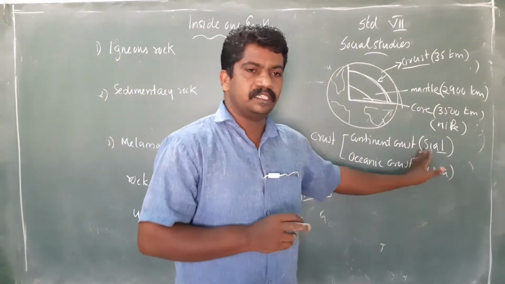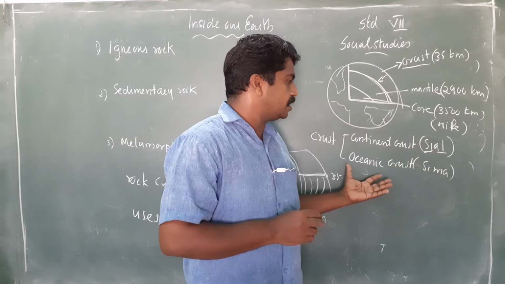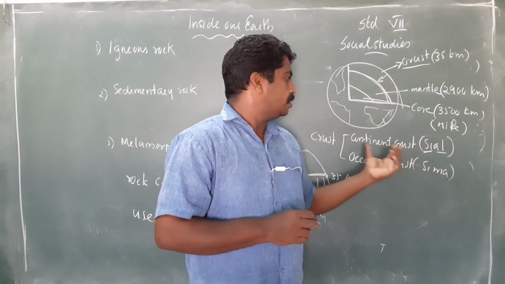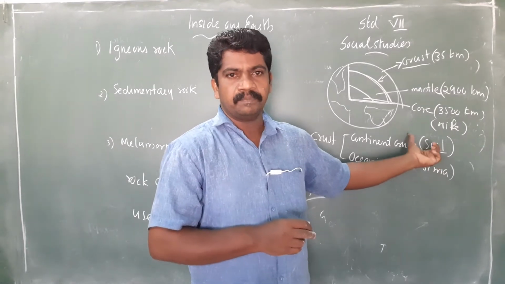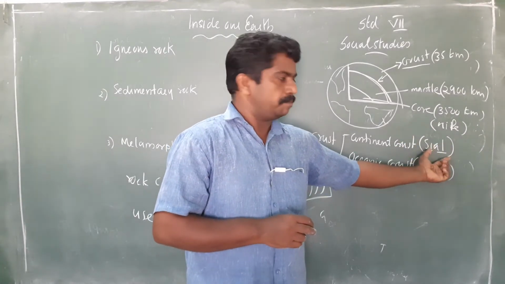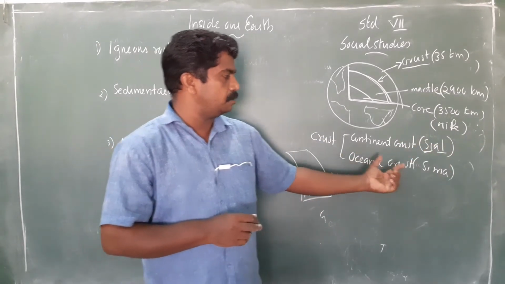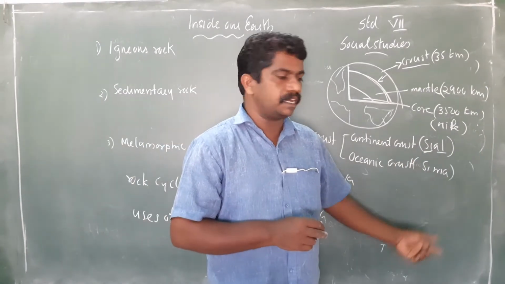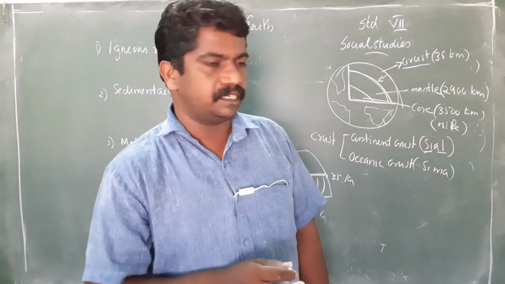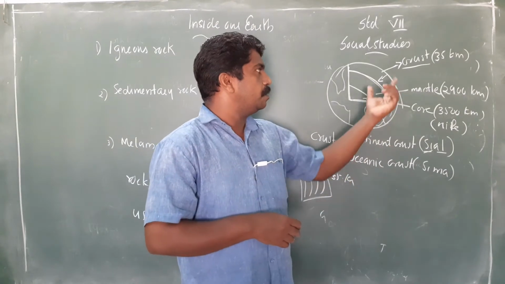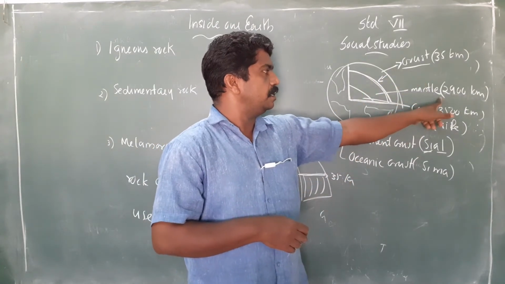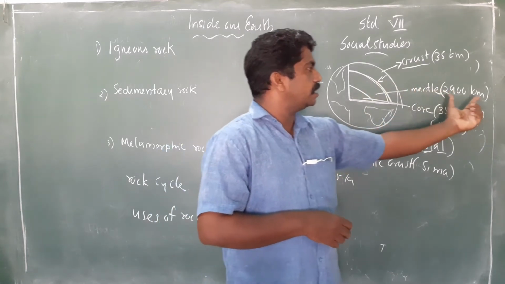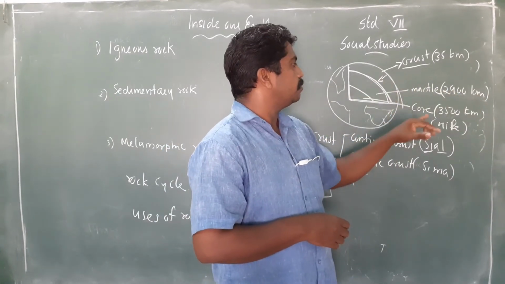Continental crust is called Sial because it contains minerals like silica and alumina, and oceanic crust is called Sima because it contains minerals like silica and magnesium. The area in between core and crust is called mantle. It is 2900 kilometers.